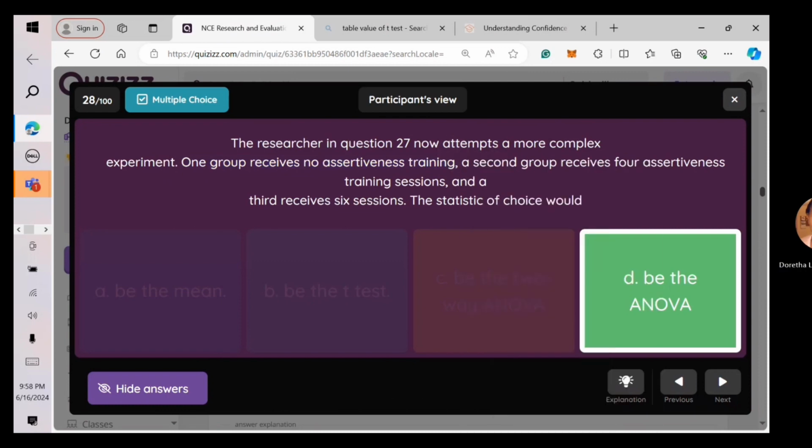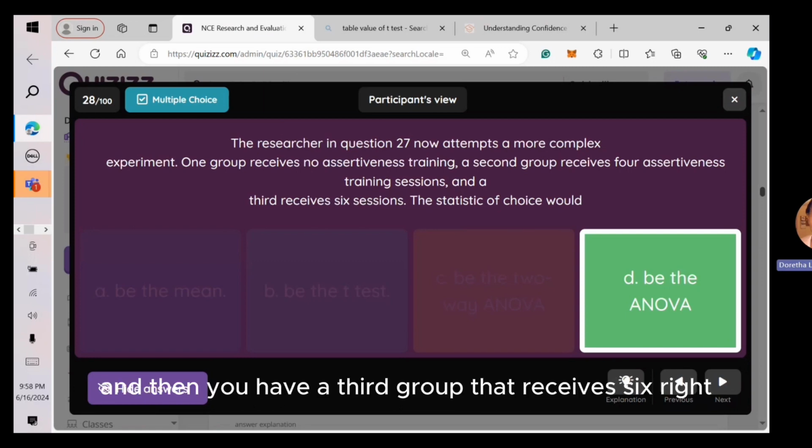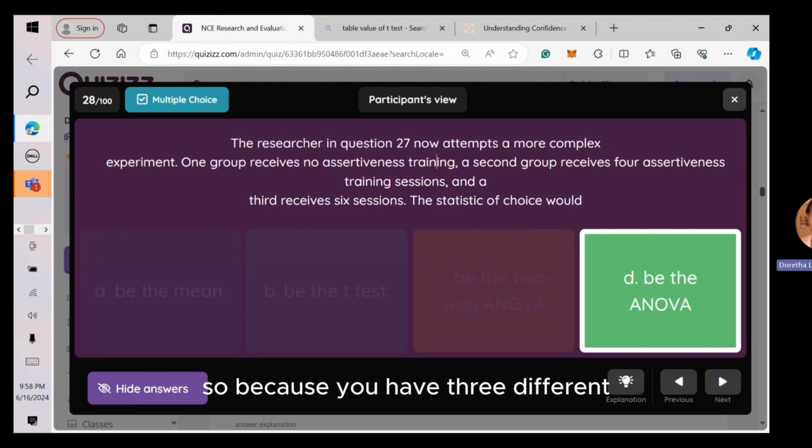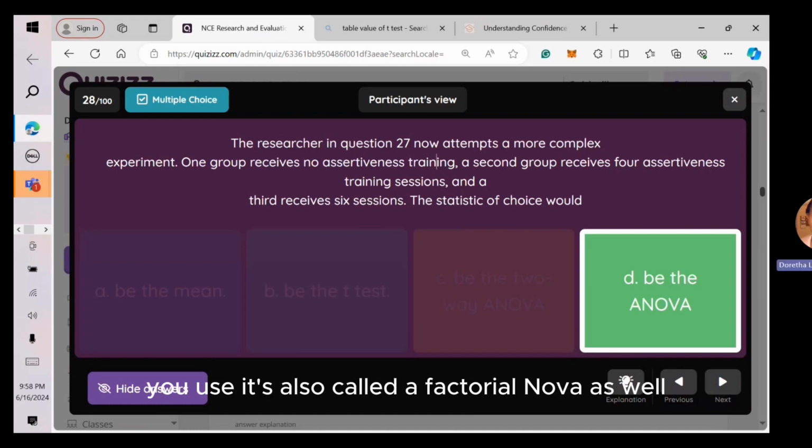One group receives no assertiveness training, the second group receives 4 assertiveness trainings, and then you have a third group that receives 6, right? So because you have three different independent variables, then you would use the ANOVA. It's also called a factorial ANOVA as well.